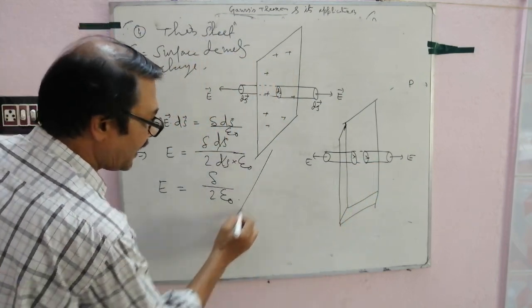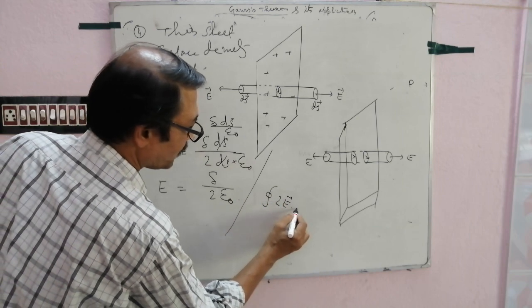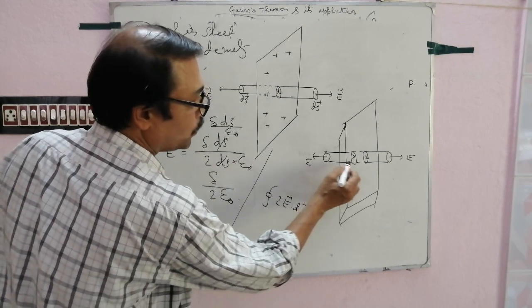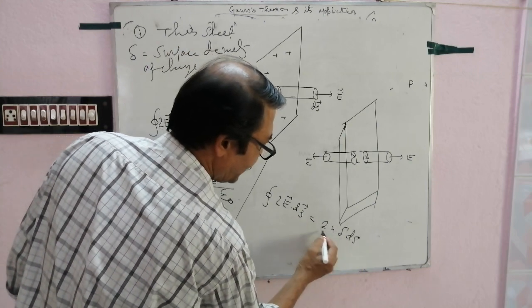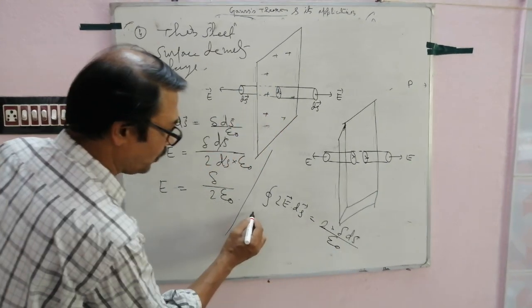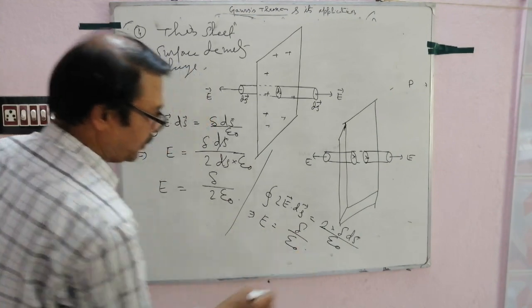So in this case, 2 E dot ds equal to total charge, 2 sigma ds, by epsilon 0. So the result will be E equal to sigma by epsilon 0.